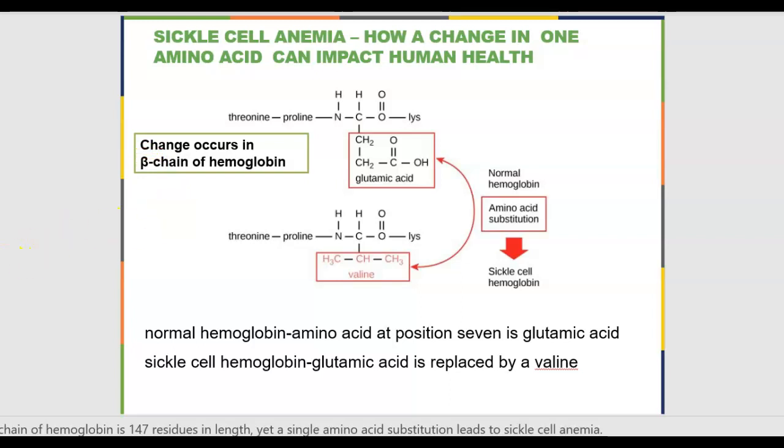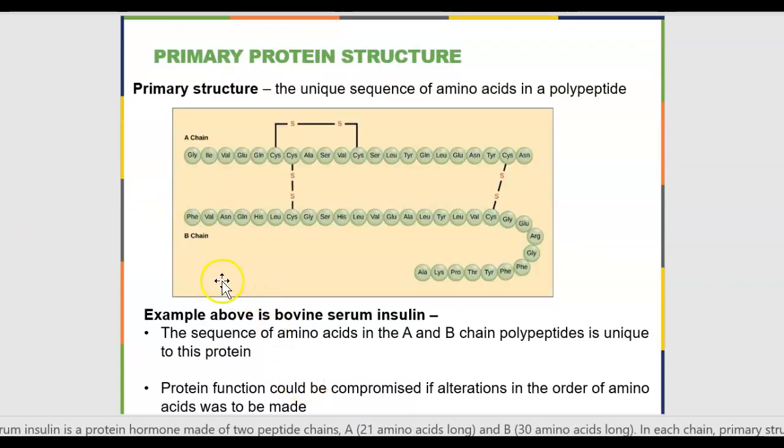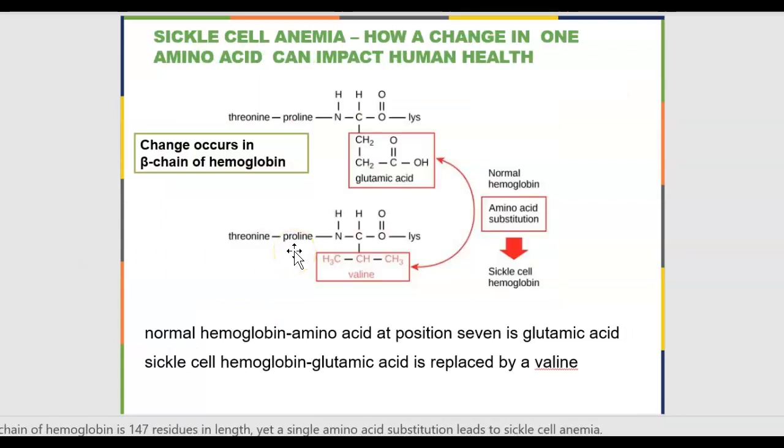Now, if you're lost when I say beta chain, here's the example. Here's the alpha chain, this one up here, and this one would be the beta chain for bovine insulin. So we're talking about it in humans now.